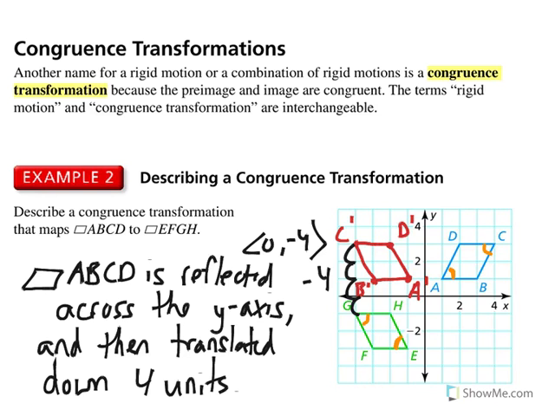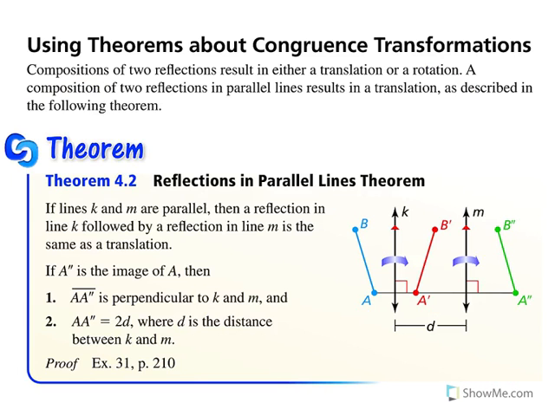So that would describe my congruent transformation. EFGH is still congruent to ABCD. It simply was reflected and then it was shifted down.